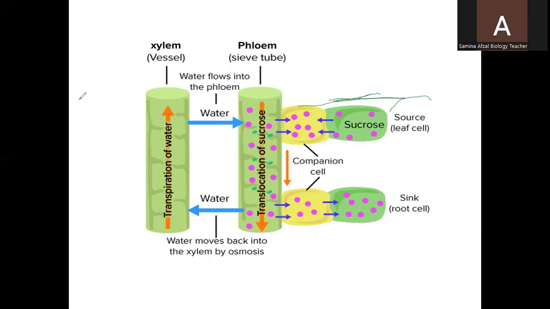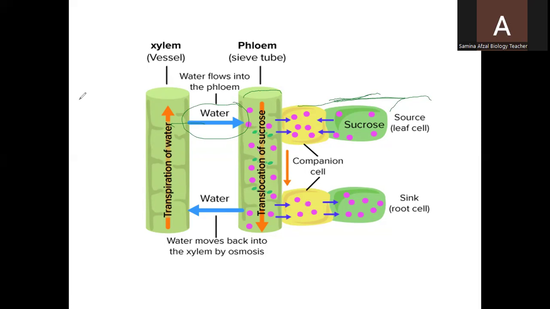When the concentration of these assimilates is increased, the water potential is low. So due to the lower water potential, water from the xylem vessels enters, they are dissolved into this water, and they move in the downward direction towards the sink.